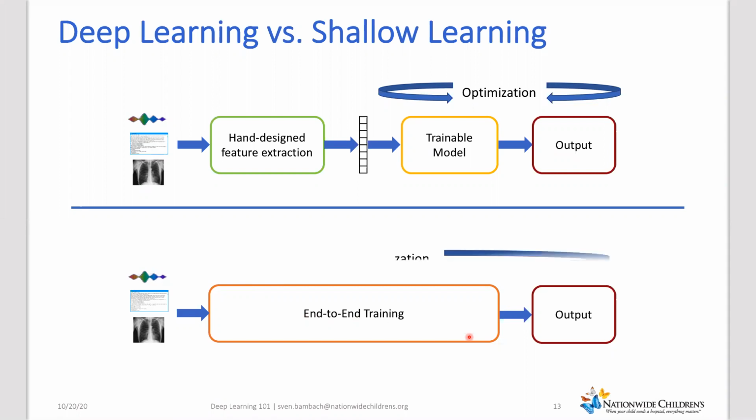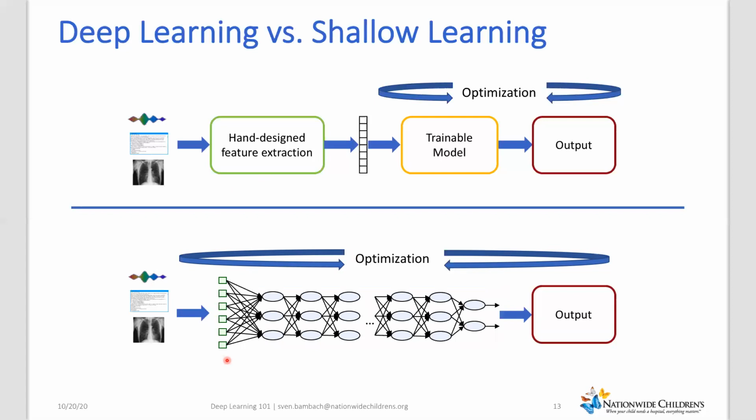The cool thing about this is that your optimization then goes across the entire spectrum, right? You optimize directly based on your raw data, which means that as opposed to having to rely on whatever hand-designed feature extraction you might come up with, you rely on the model to do this job for you and extract the right data for your task, for your need. And in practice, these kinds of models are implemented with artificial neural network models.